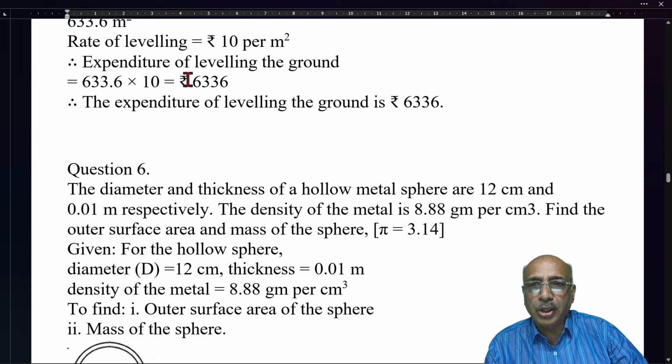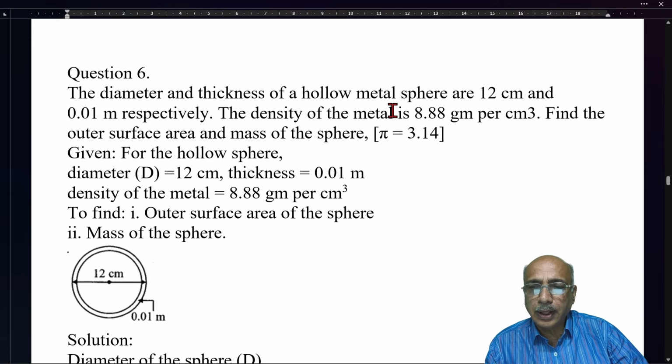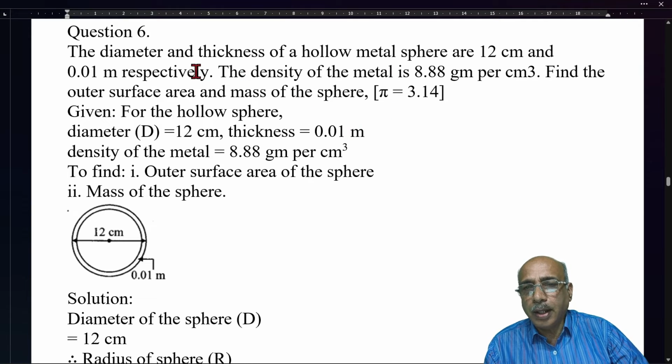Therefore, expenditure of leveling the ground equals 633.6 into 10 equals rupees 6,336. The expenditure of leveling the ground is rupees 6,336.